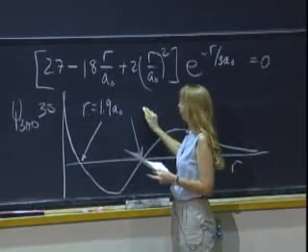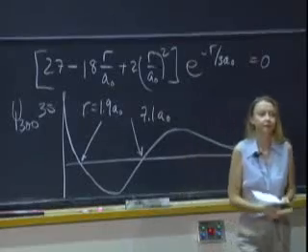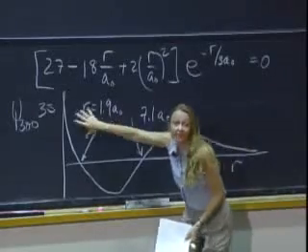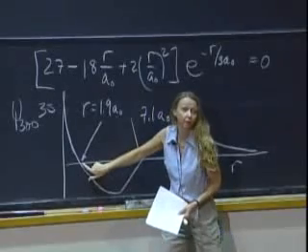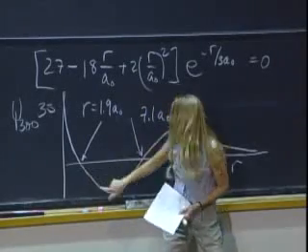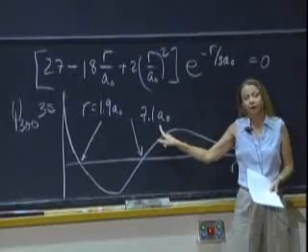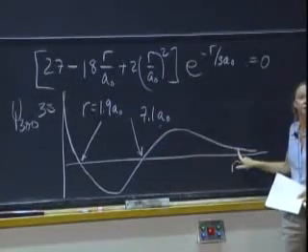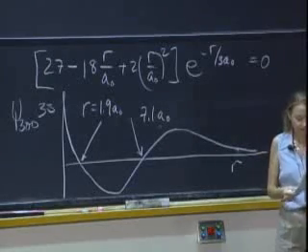And right here, it would be 7.1 a naught. All right? So the wave function, in the case of the 3s, has a positive value for r less than 1.9 a naught, has a negative value from 1.9 a naught to 7.1 a naught, and then a positive value again from 7.1 a naught to infinity. All right?